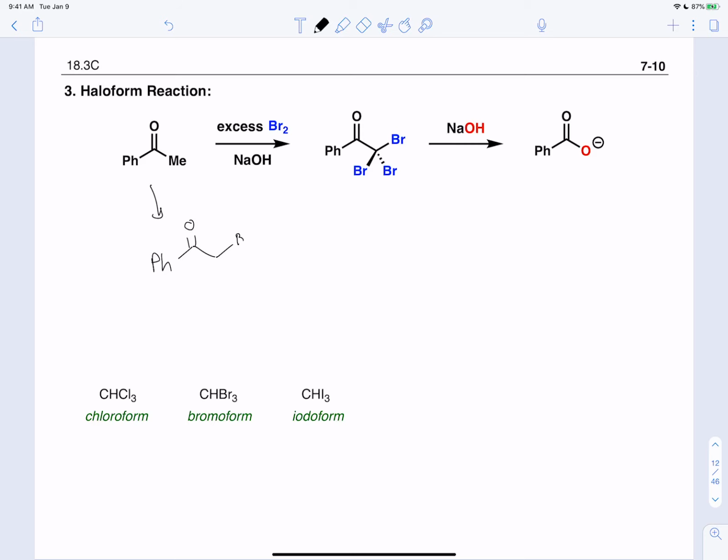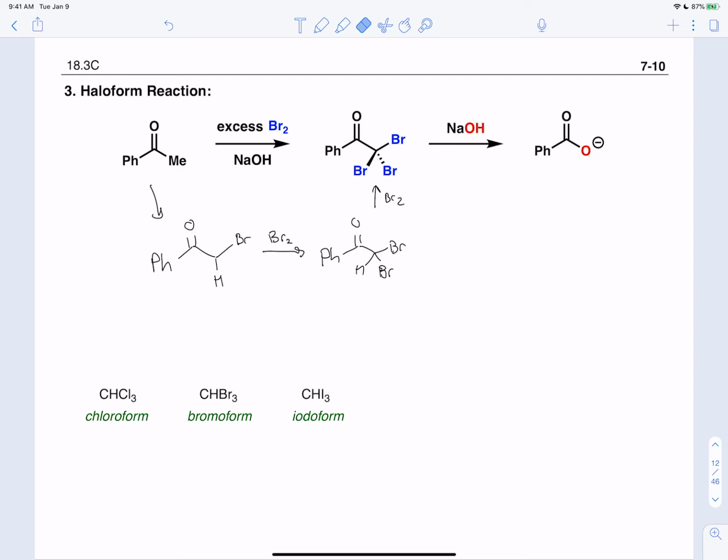Each time you add on a bromine, the alpha hydrogens get more acidic, so they're even more readily deprotonated to continue reacting with bromine until you end up with a tribromoketone. So these can continue to happen over and over again. And once you get to a trihalogenated methyl ketone, something crazy happens.